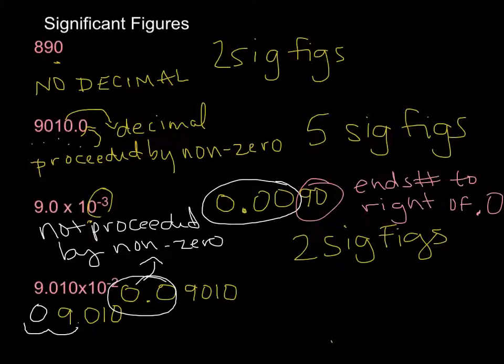Why is this 0 significant? It's between 2 non-zero numbers. How about this last 0? Is it significant? Why? It's preceded by a non-zero. It's also to the right of the decimal, and it ends the number. So there are 4 sig figs in this number.